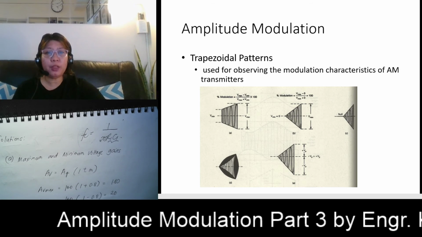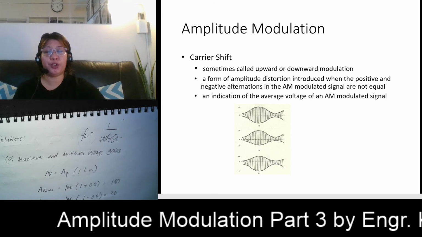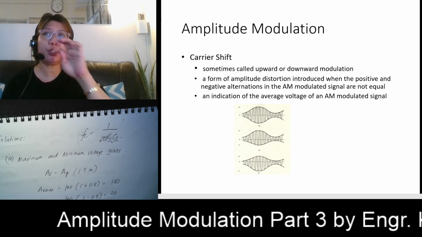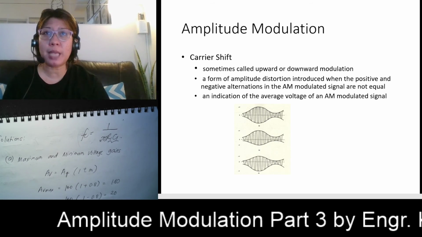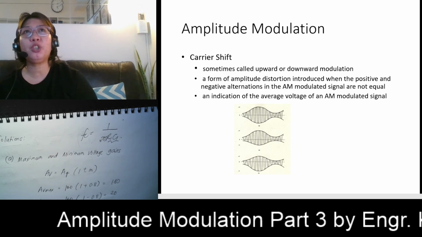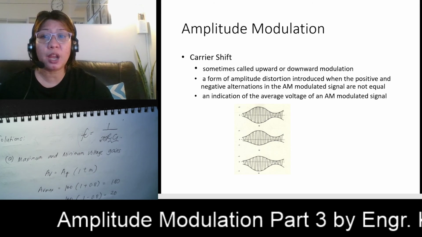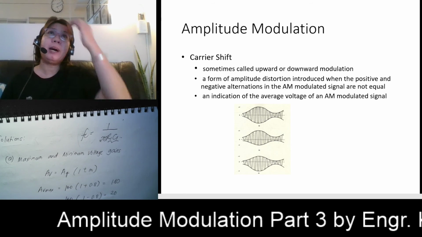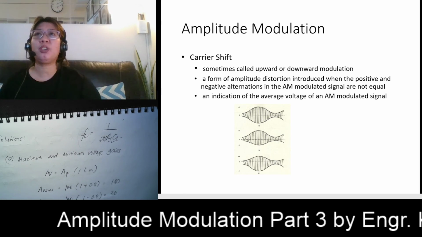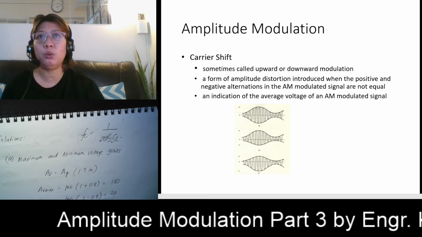So another thing is your carrier shift. Carrier shift is often misunderstood or misinterpreted. When you say carrier shift, the first thing that will come into your mind is it has something to do with the carrier frequency. But in reality, carrier shift has absolutely nothing to do with the frequency of the carrier.